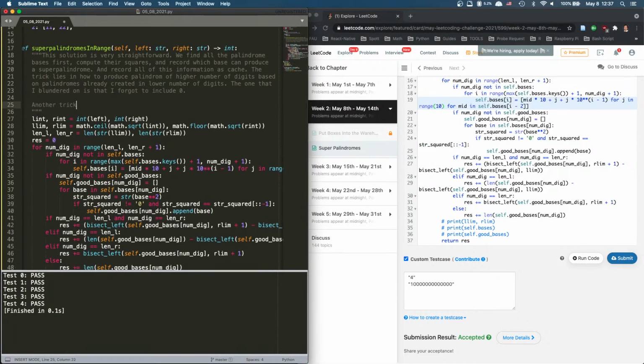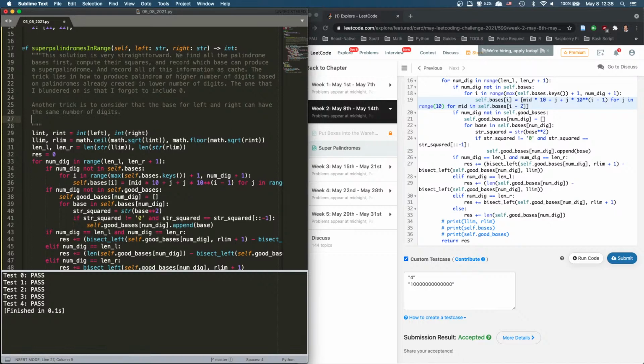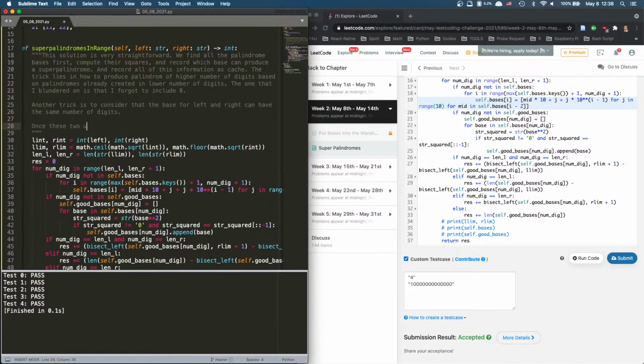Another trick is to consider that the base for left and right can have the same number of digits. Once these two hurdles are cleared, we're good to go.